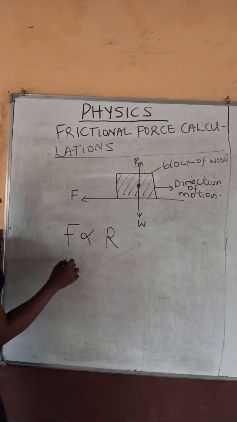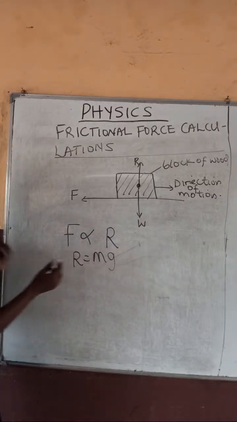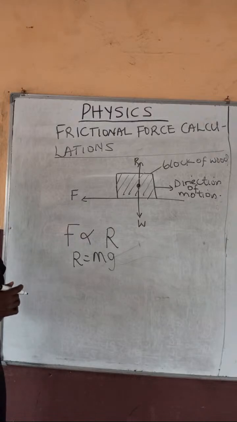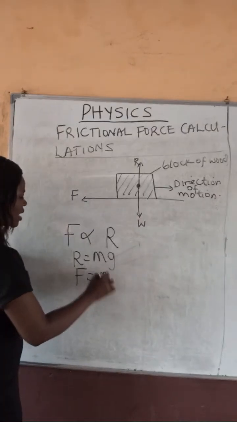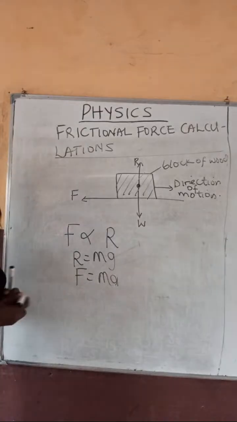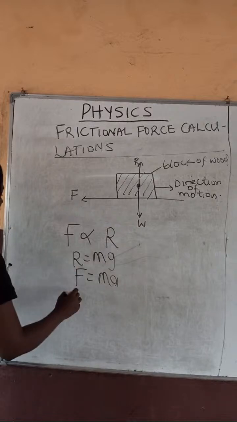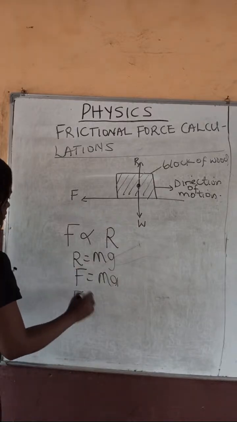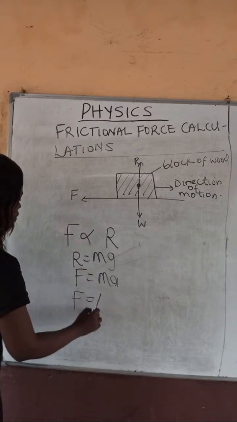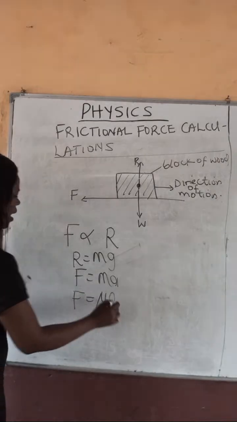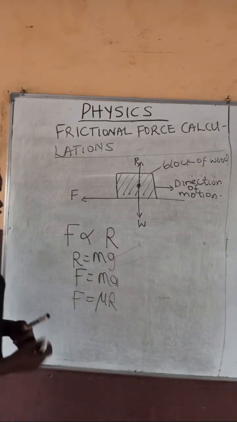The reaction force is equal to mass times acceleration due to gravity, whereas the friction is equal to mass times linear acceleration. So with that being said, we now say that the force is equal to mu R. What is mu? The coefficient of limiting friction.